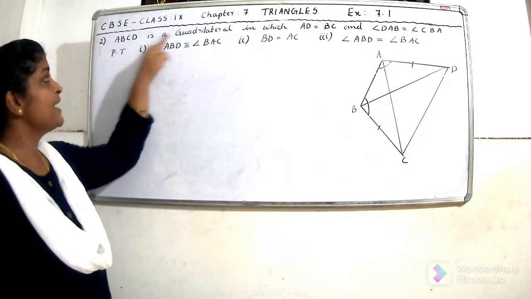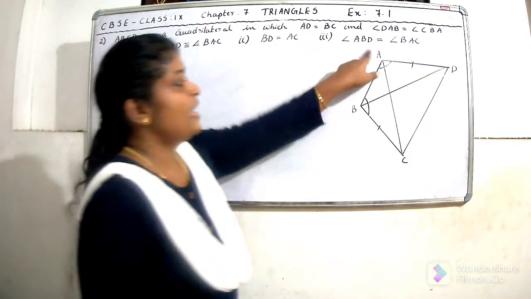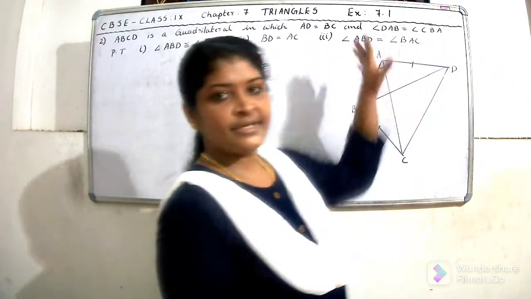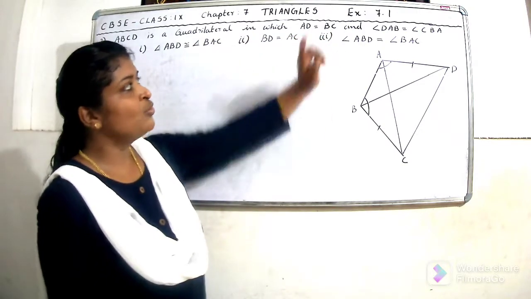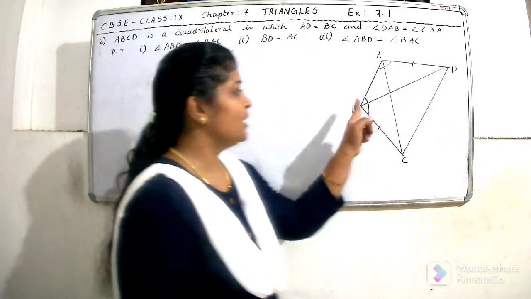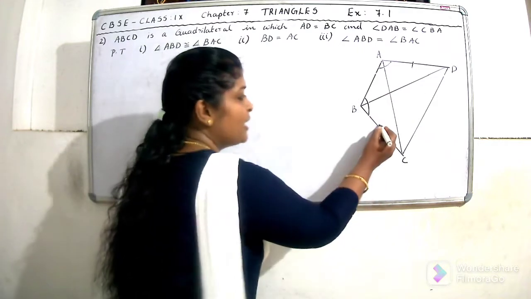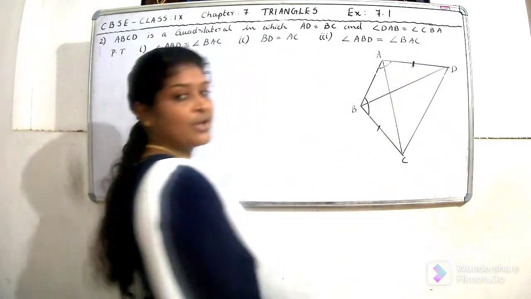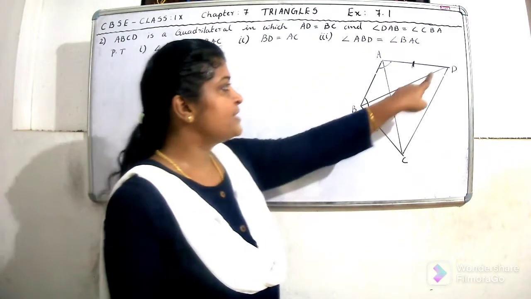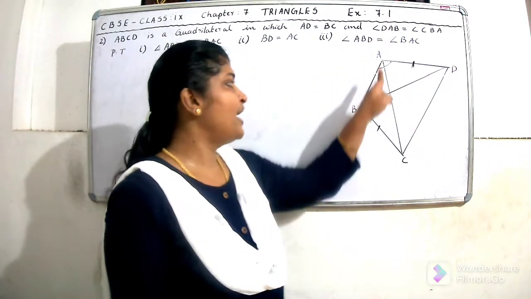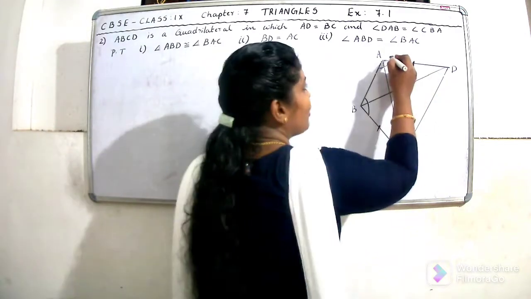ABCD is a quadrilateral in which AD equal to BC. They are equal, they said. And angle DAB, where is DAB? That means this corner.